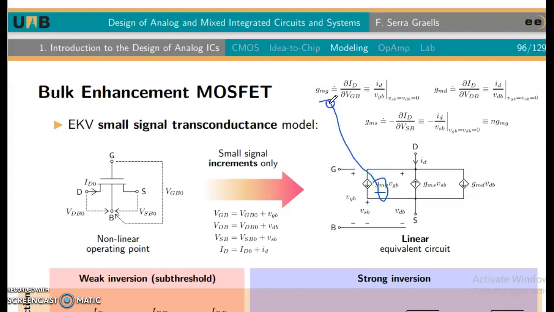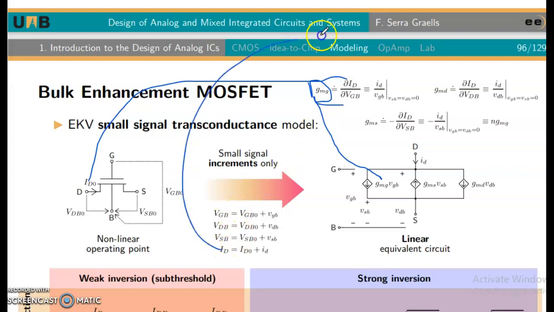GMG equals partial derivative of ID with respect to VGB, where VGB is between the gate and the base voltage. That is the GMG.